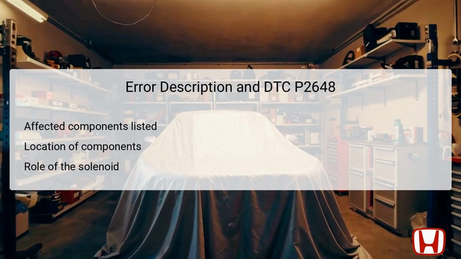The rocker arm oil control solenoid is a critical component situated near the cylinder head, responsible for regulating oil flow to the VTEC system. It operates via signals from the engine control module, ECM, or powertrain control module, PCM, allowing the engine's valve timing to adjust under various conditions.